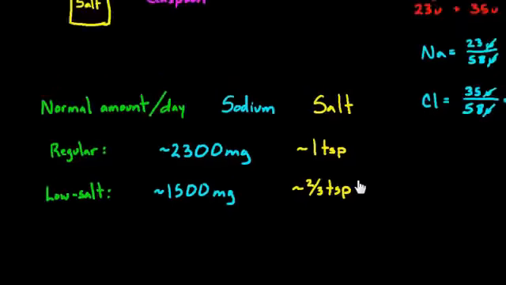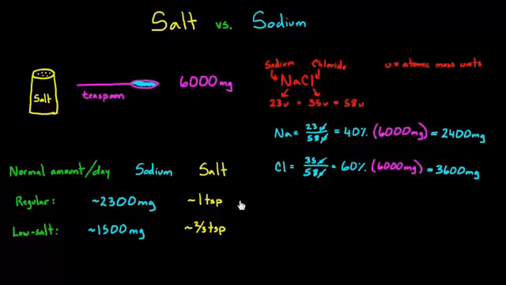So when I look at a teaspoon of salt now, I just remember that if this is my teaspoon, if I'm on a regular diet, I can basically take one of them each day. Not each meal, but each day. And if I'm on a low salt diet, I can only fill it up about 2/3 of the way. And I'd have to stop there because that's the limit of sodium that I'm recommended.